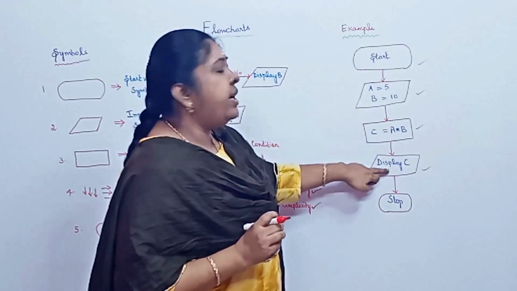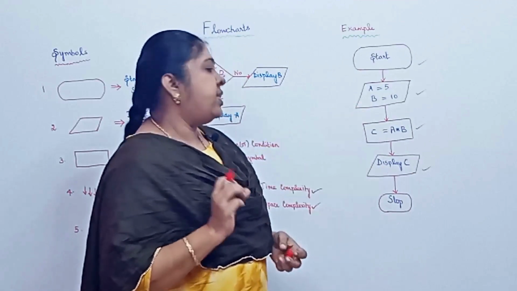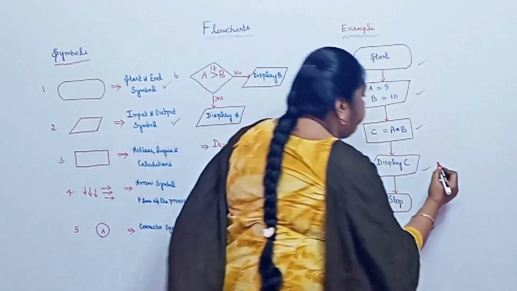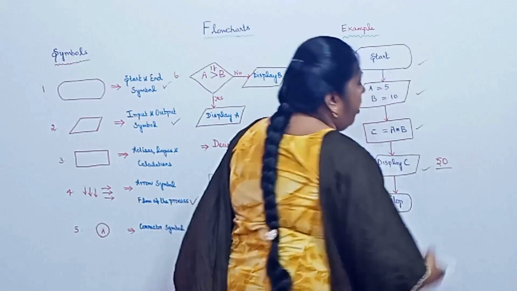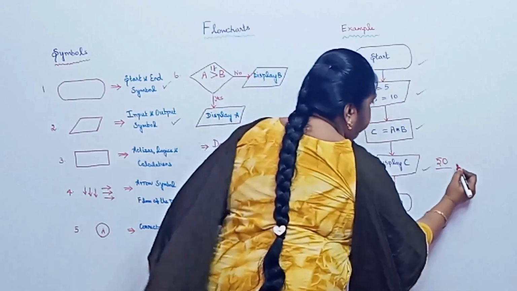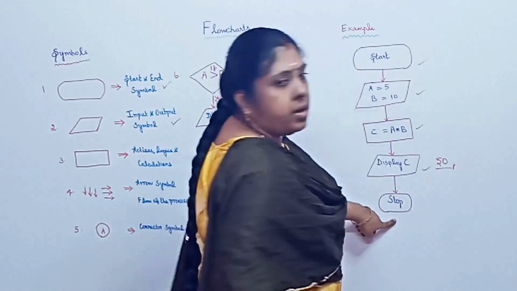So the output will be displayed as 5 into 10, which is nothing but 50. This is the output which will be displayed. And then the final step, stop.